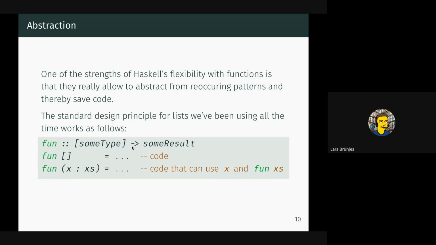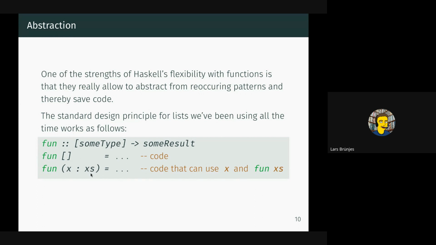Okay, normally if you want to define a function on lists, you need to consider the two cases, the case of the empty list and the case of the non-empty list, where you have a head X and a tail X's. And so for the empty list and for the non-empty list, you must do stuff.